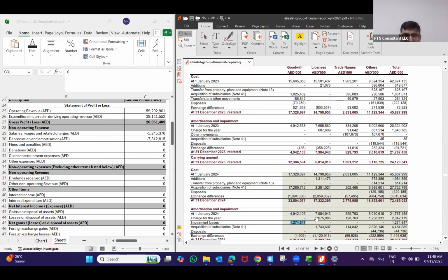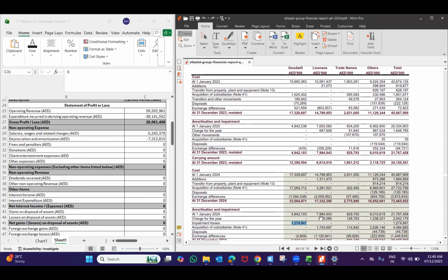So then it is only 1.2 million, right? Yes, there is a loss. Here they are charging for the year 2.042 for license, trade name, and the others. This is 2 million below the 1.2 million. This is 3.4 million.